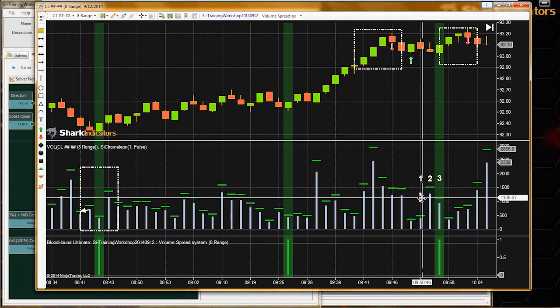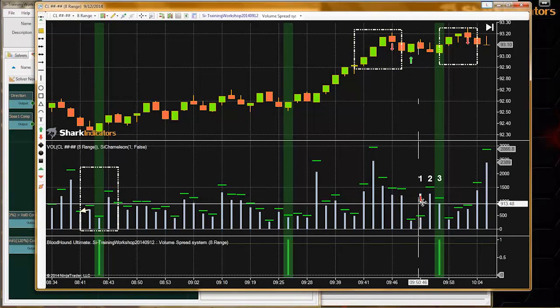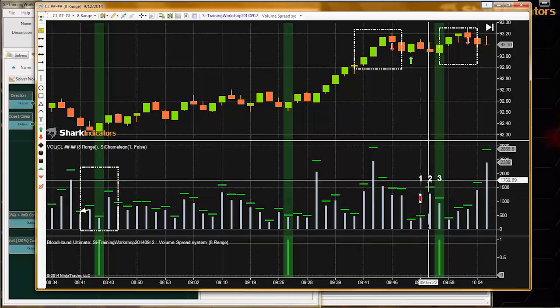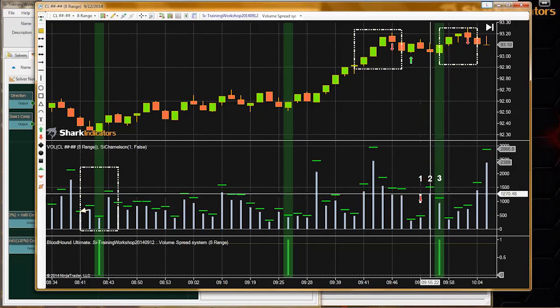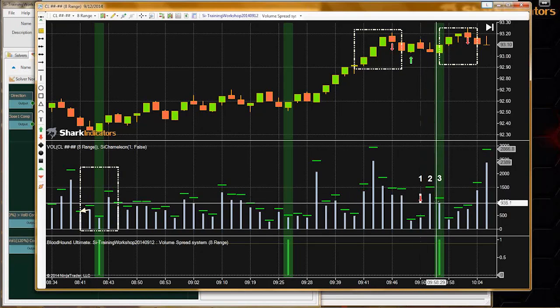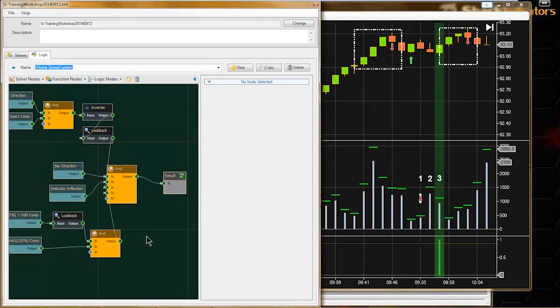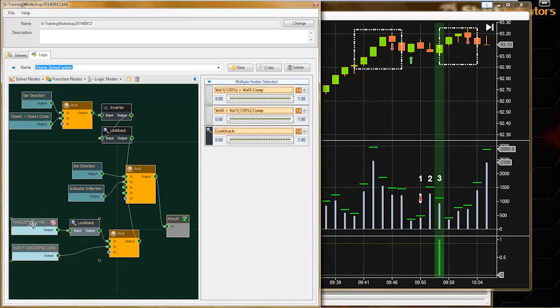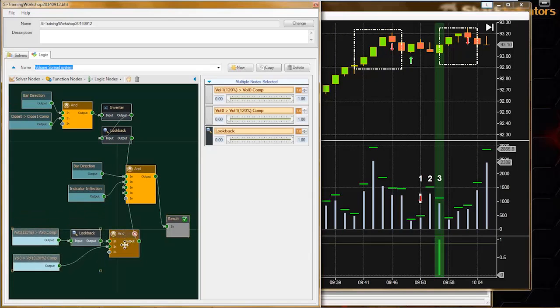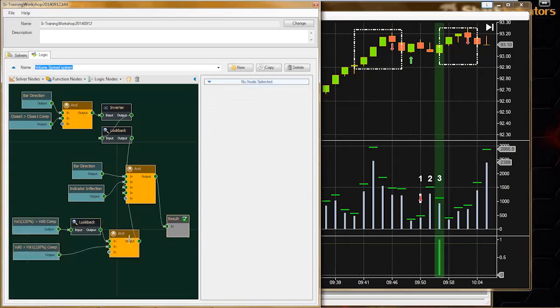So volume bar 1 definitely violates our rules, and actually volume bar 2 to 3 also violates the rules. So this actually looks like it's in an opposite kind of condition. So yeah, that's strange. That's not what we want. So let's take a look at the problem here.